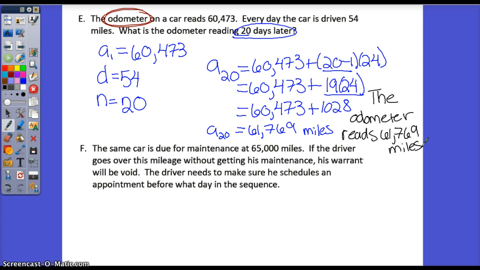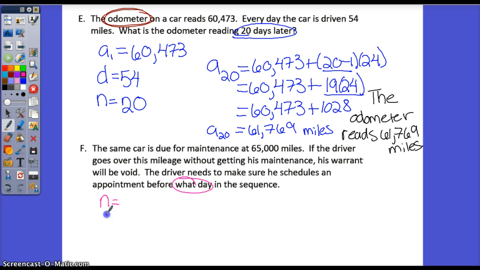The next question says, the same car is due for maintenance in 65,000 miles. If the driver goes over the mileage without getting their maintenance, his warranty will be void. The driver needs to make sure he schedules an appointment before that day in the sequence. Before what day? So if we're looking for what day, we know that we're looking for n.